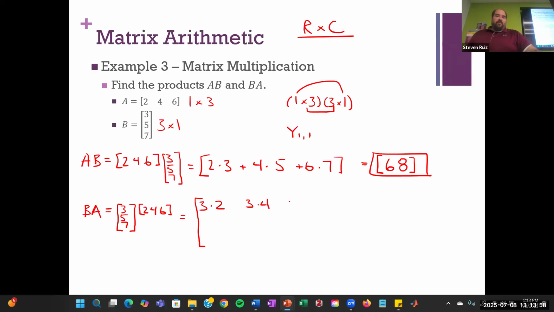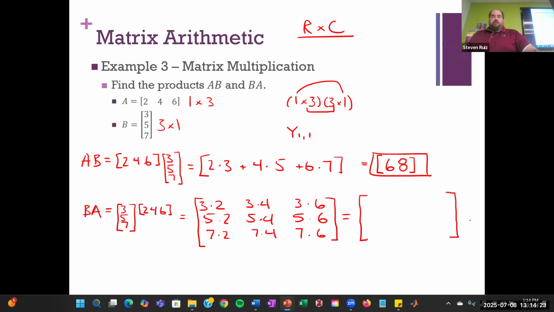So this 3 by 3 matrix is going to look like this: 3 times 2, 3 times 4, 3 times 6, and then 5 times 2, 5 times 4, 5 times 6, 7 times 2, 7 times 4, 7 times 6. So not at all a coincidence that we have that pattern woven through there.